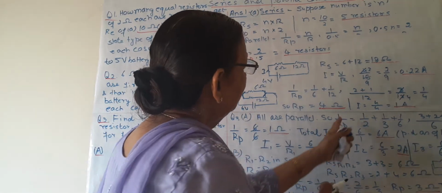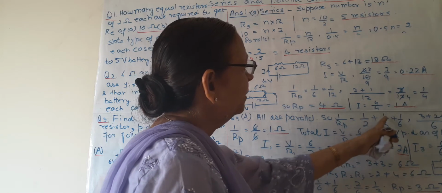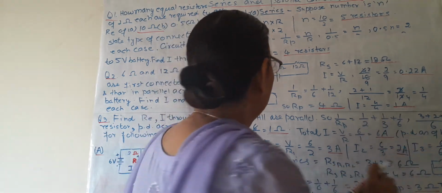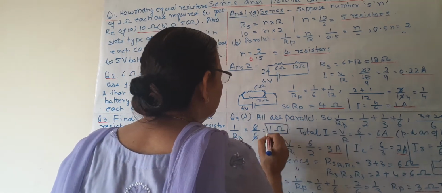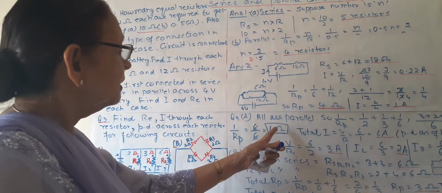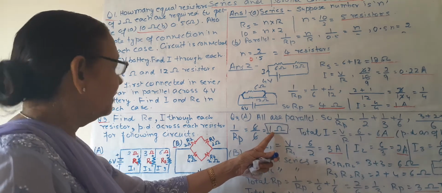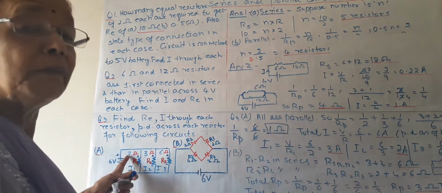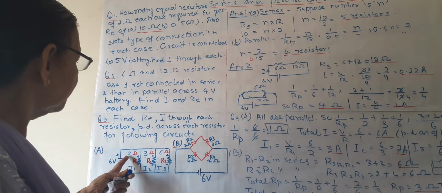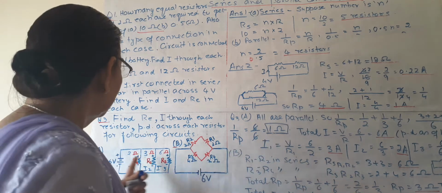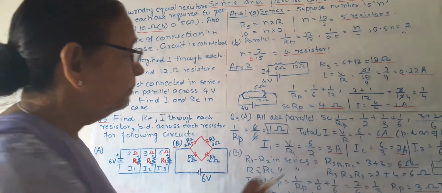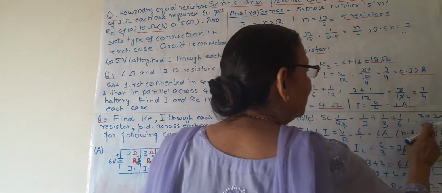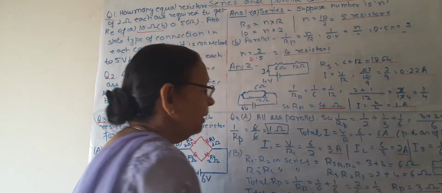So 1 upon RP will be 1 upon 2 plus 1 upon 3 plus 1 upon 6, and it comes to 1 ohm. So this is less than, because it is parallel, it is less than even the 2. This is the least and the total is less than the least one. You can calculate the LCM, and like this it is 1 ohm.